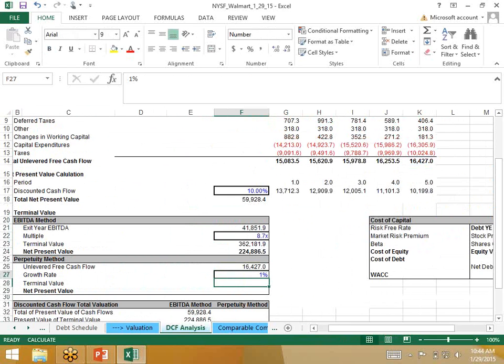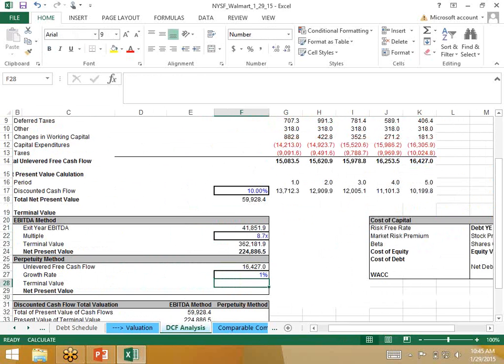I'm going to use 1% in the book. Again, this is supposed to represent inflation, some sort of basic increase of cash, which is on standard anywhere between 3 and 4%. That's way too high for now. Let's use 1%, and we'll run sensitivities around this.